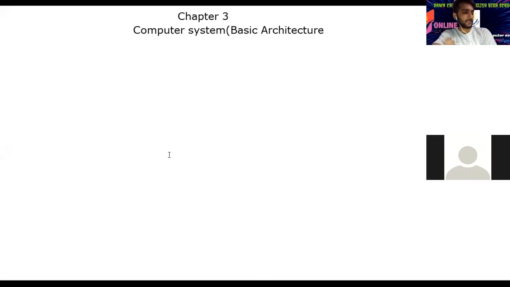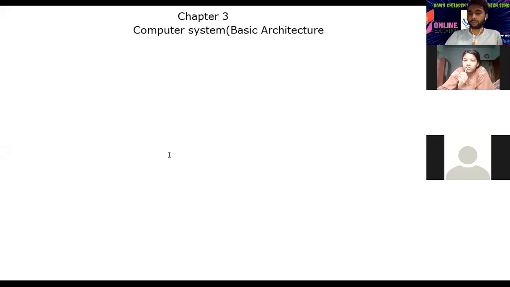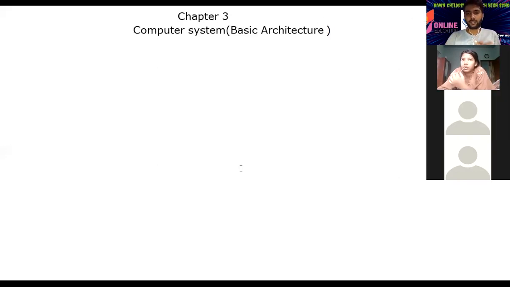As we all know, we have read chapter 3 in our previous class. That is computer system. It is also called computer architecture, or we can also say the internal structure of computer. Here we have to read how our whole computer system performs a task.